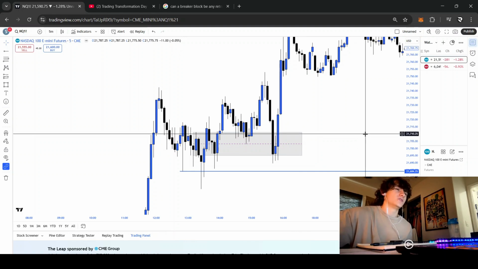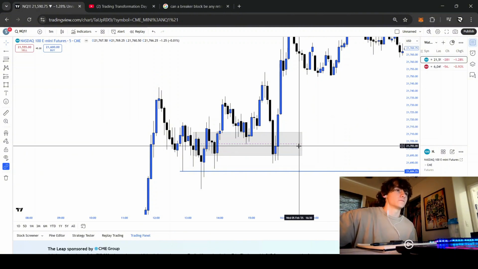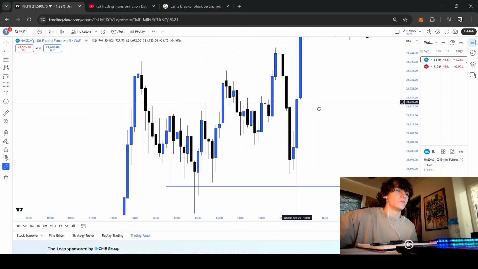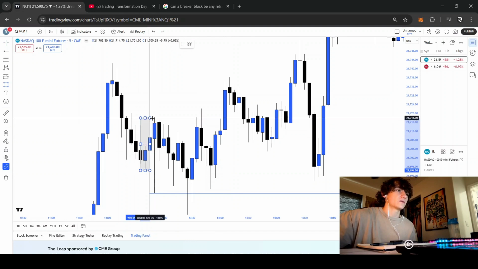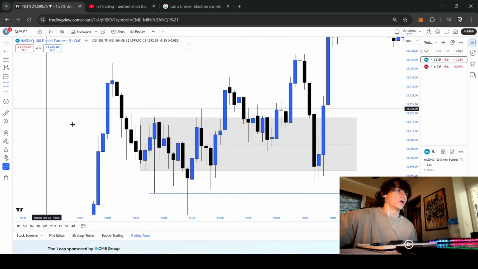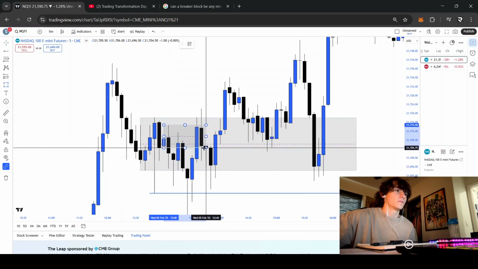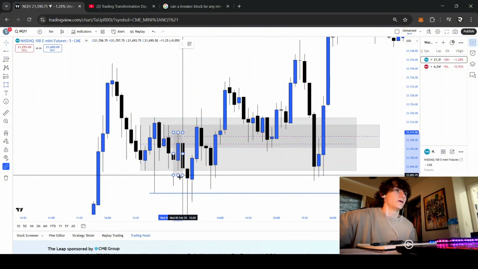Now, some people, since they call every move an order block, would be like, okay, this is an order block, this is an order block, this is an order block.